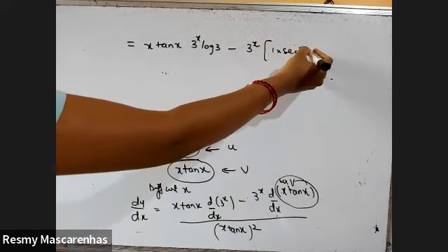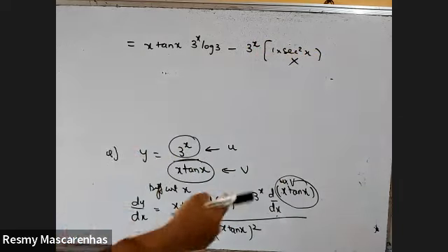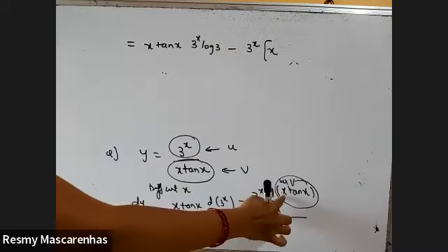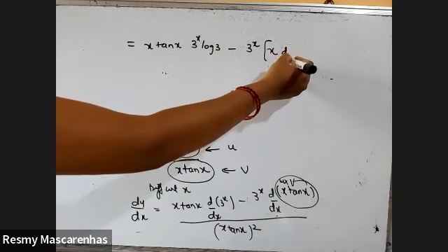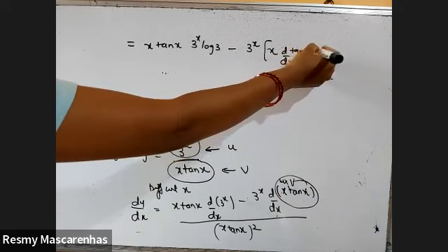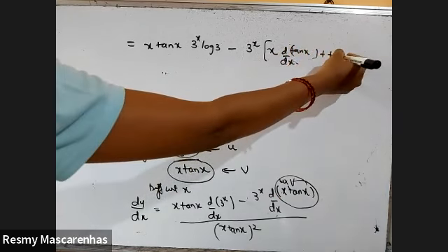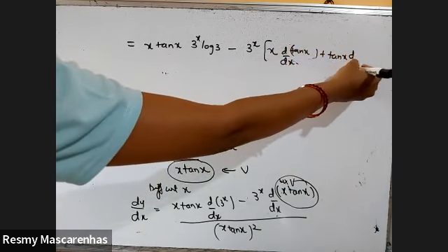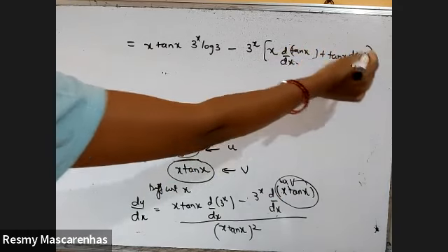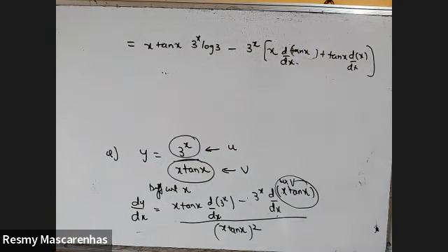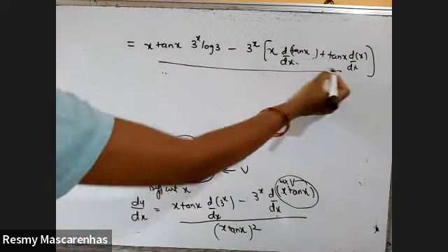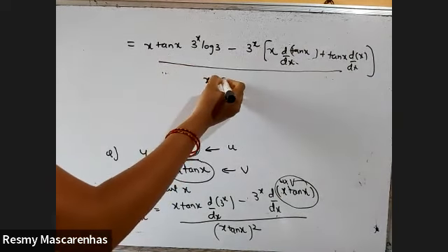This is wrong. Whenever there is a multiplication, I have to use u into v rule. So what does u into v rule say? X into derivative plus 10x into derivative of x. U into derivative of v minus v into derivative upon v square.